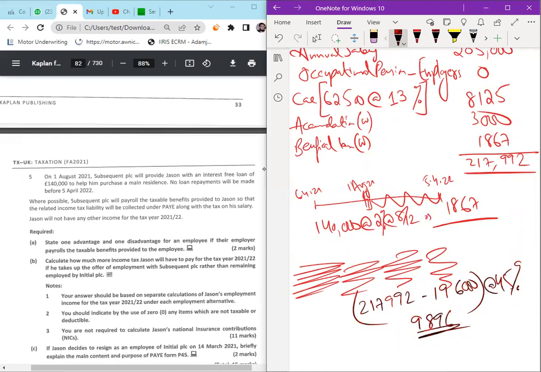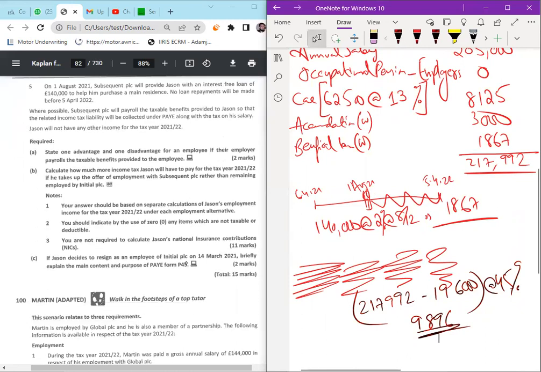This is a very important 1 mark for writing all this and calculating this additional tax amount. That Jason is an additional taxpayer under both scenarios, initial PLC scenario or subsequent PLC scenario. So if he is going to accept the offer from subsequent PLC, he has to pay additional tax of 9,896. Simple and easy. So this is the question.